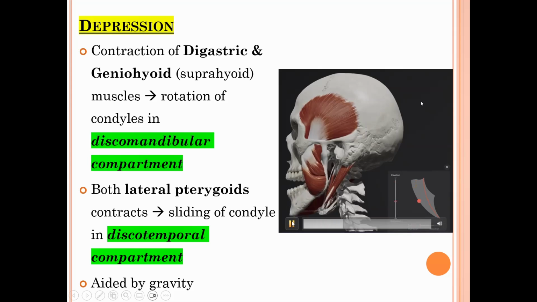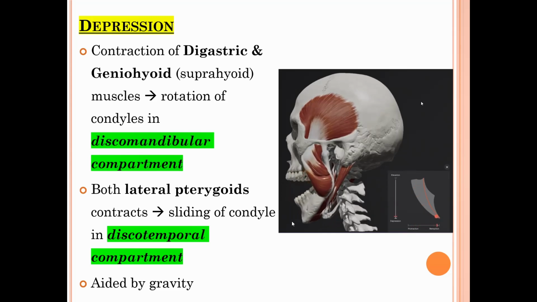You can see here, can you see the video here? This is depression. What muscles are acting? Lateral pterygoid is the primary muscle which is doing the depression, and aided by the accessory muscles, that is digastric and geniohyoid. You can see here digastric and the geniohyoid.